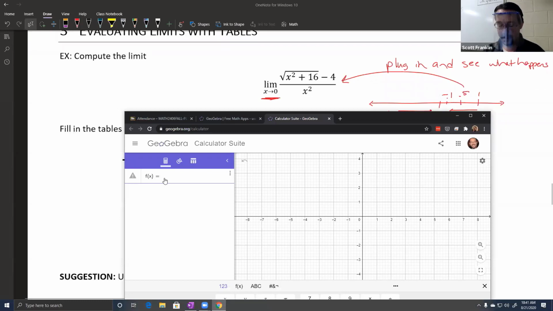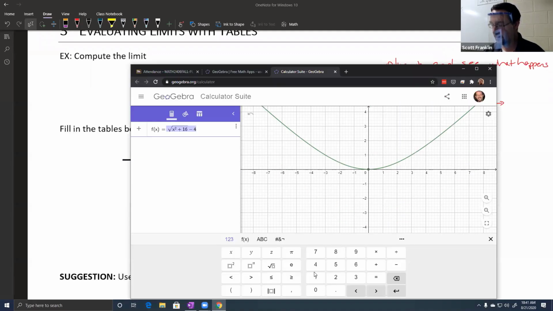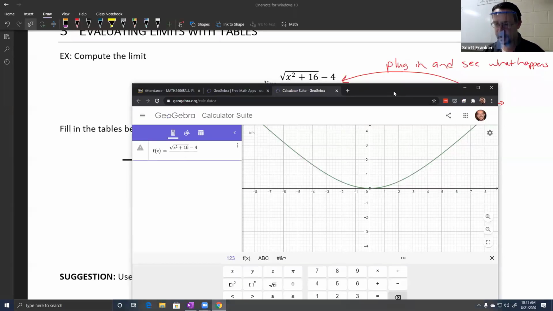So I'm going to do the square root of x squared plus 16. Go outside there and do minus 4. Then I'm going to highlight all of that, put parentheses around it, divide it by x squared.